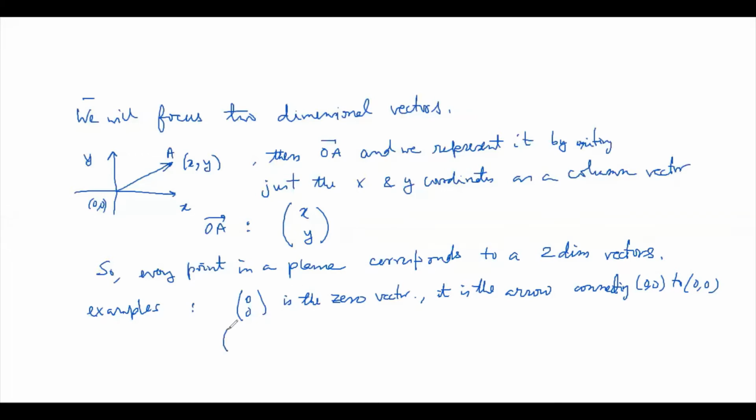So, for example, 1, 0 is the vector connecting 0, 0 with 1, 0. So let's draw that with another color. It's connecting from here, and let's say this is the point 1, 0. So here you have a vector. I'm just drawing it slightly below to distinguish, but actually it's lying on the x-axis. So this is the vector 1, 0.